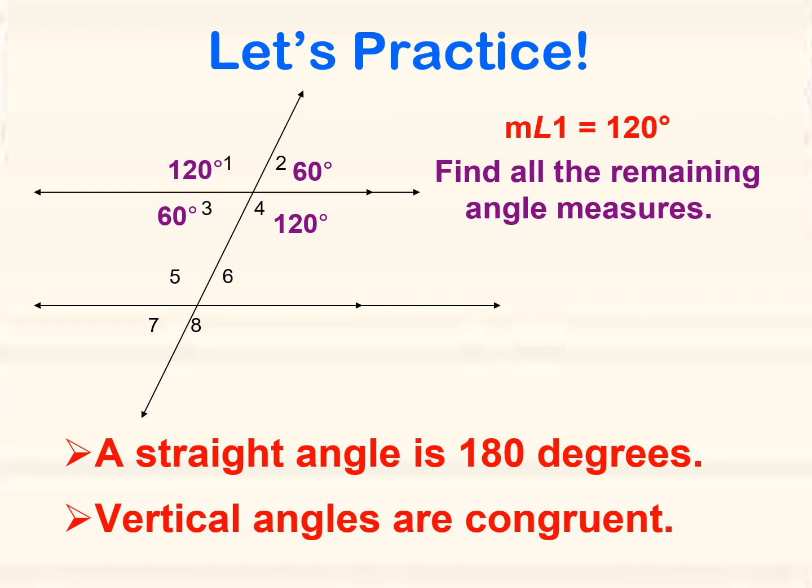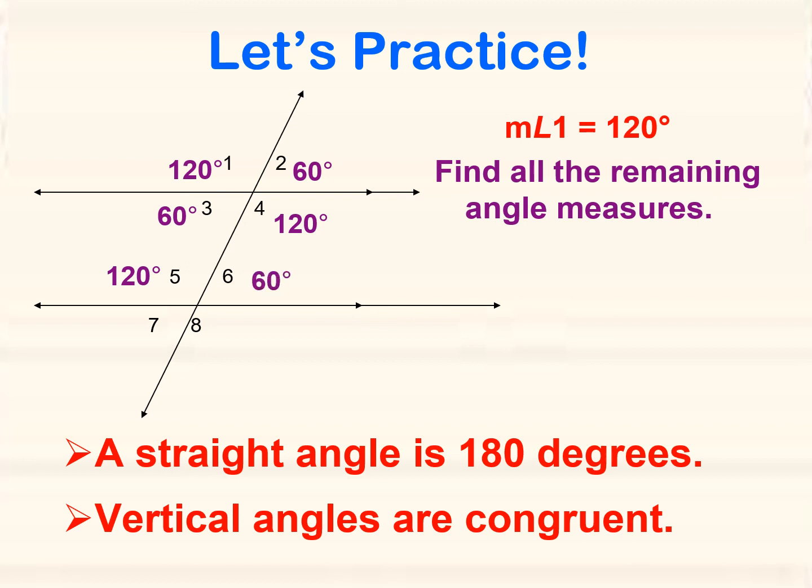Angle 4 and angle 5 are alternate interior angles. So angle 5 is 120 degrees. And angle 3 and angle 6 are alternate interior angles. So it means that angle 6 is equal to 60 degrees.